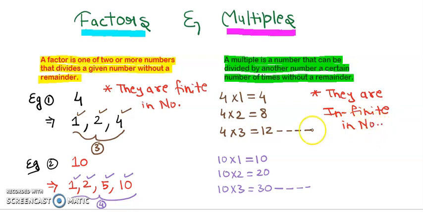That means they are countless, whereas factors can be counted easily, as we have seen in the examples. For 4 we have a total of 3 factors, and for 10 there are only 4 factors. But for multiples we have an infinite number, like 4 ones are 4, 4 twos are 8, 4 threes are 12, and it goes on. So it will be countless.